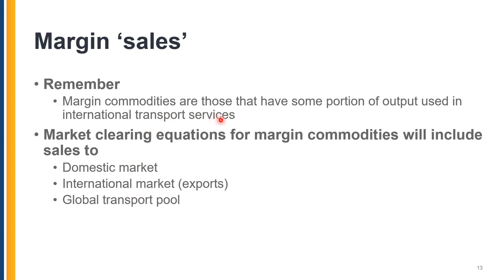And those are the international margins. So there's a production structure out there for transportation, for moving things from region A to region B or region B to region C, and they'll draw on that global transport pool. Each region will sell units of services out into that pool according to the demand, right?